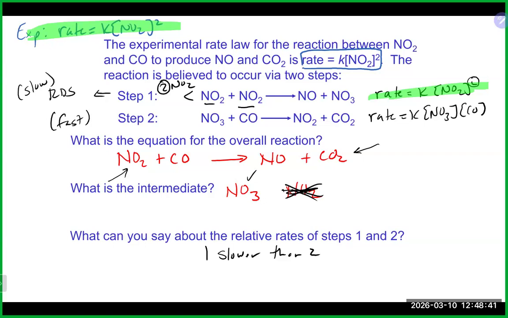So the slow step in the mechanism, the rate determining step, will always have a rate law, if it's a good mechanism, that matches the one that was found experimentally.